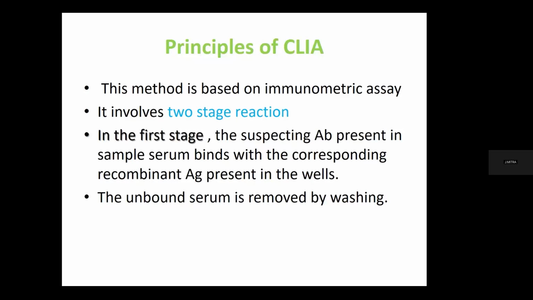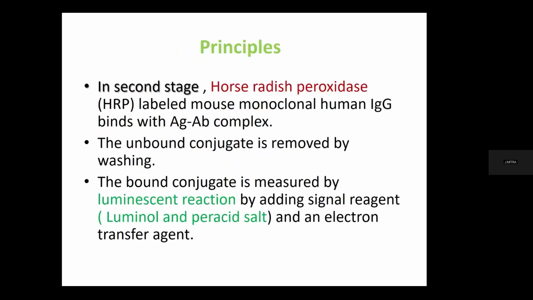The unbound serum is removed by washing. In the second stage, horseradish peroxidase, that is HRP-labeled mouse monoclonal anti-human IgG, binds with this antigen-antibody complex. And the unbound conjugate is again removed by washing.